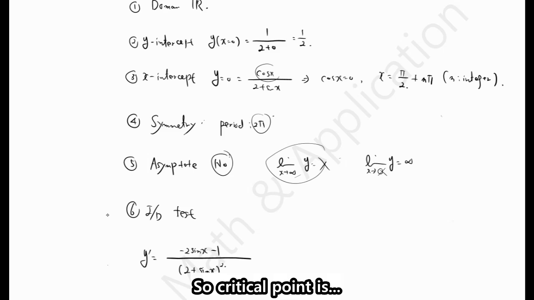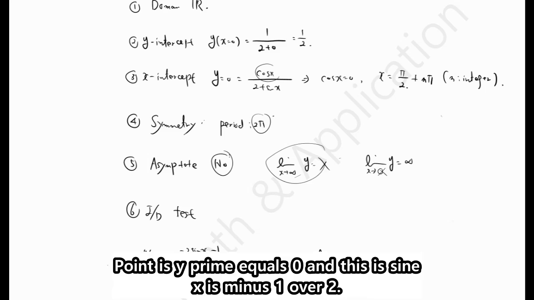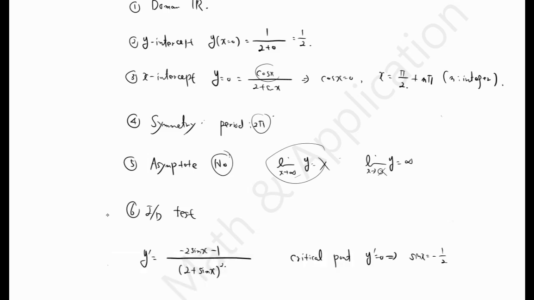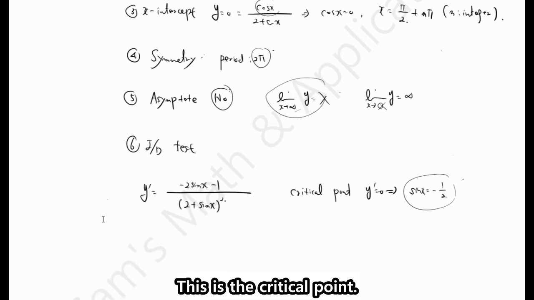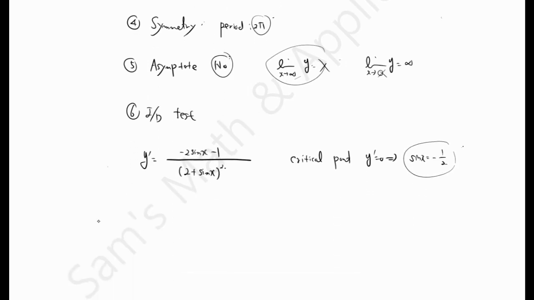The critical point is where y prime equals 0, and this is where sine x is minus 1 over 2. Correct? This is the critical point.